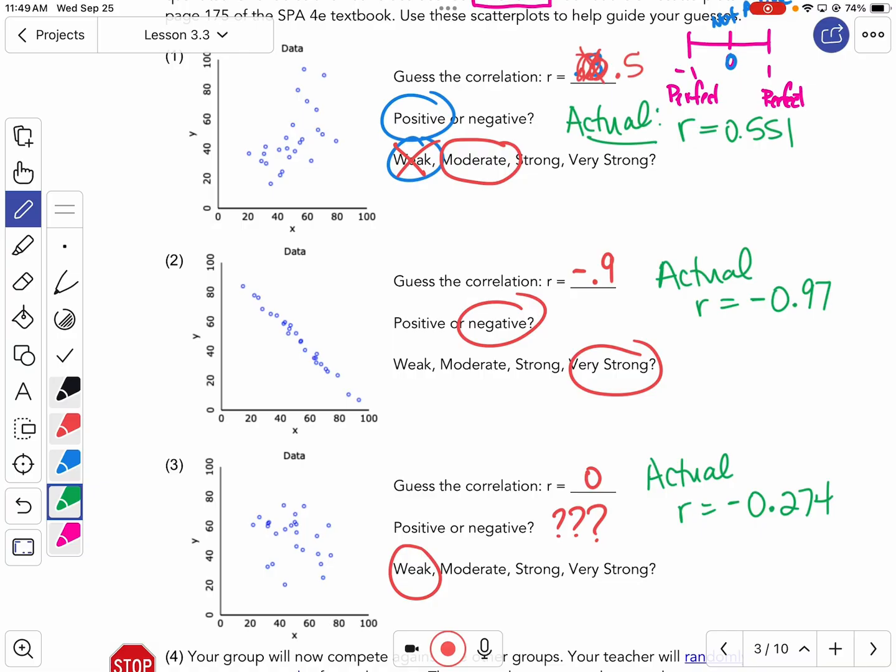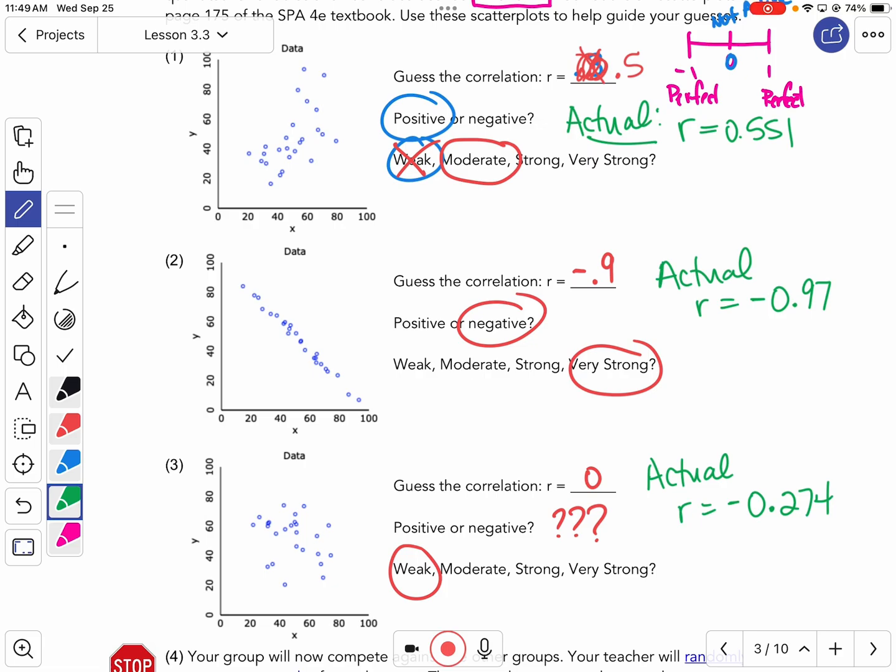The top one is a positive, moderate relationship. The bottom one actually came out to be negative. That was hard to tell from the picture, right? But it was a negative, weak relationship. So we're going to describe our data from that R number.